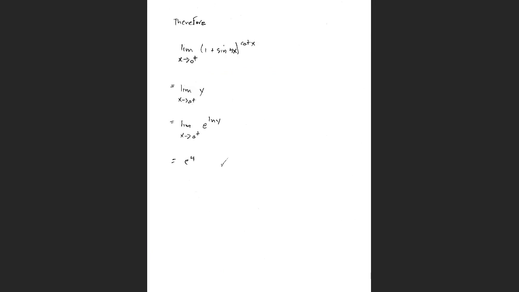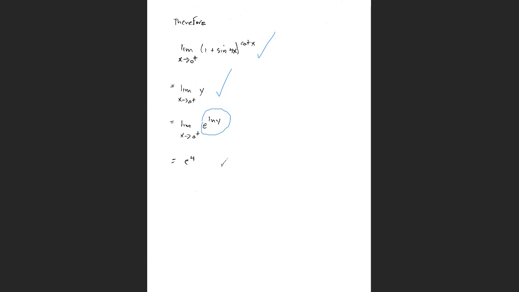So let me show you here formally. This is what we're looking to find. We're looking to find that limit. That limit is just the limit of y as x goes to 0 from the right. But y can be written as e to the log of y.